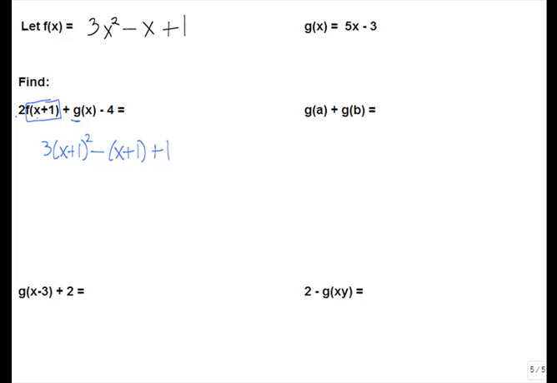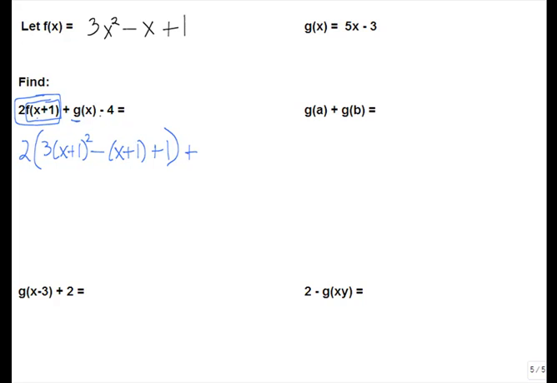What about that 2 that's in front? Well, if you think about what that says, that's 2 times this whole function. So the way we want to show that properly is 2 and then times, or parentheses, this entire function. So that 2 needs to go on the outside. So now we've done all of this part of the problem.